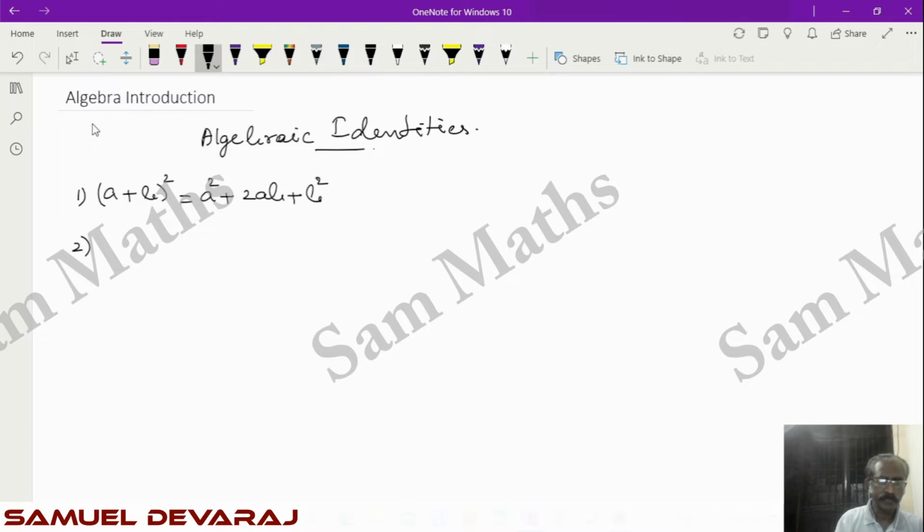Second one, (a − b)² = a² − 2ab + b². Third, a² − b² = (a + b)(a − b).